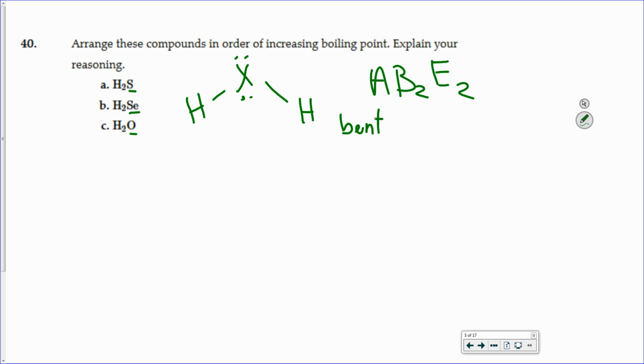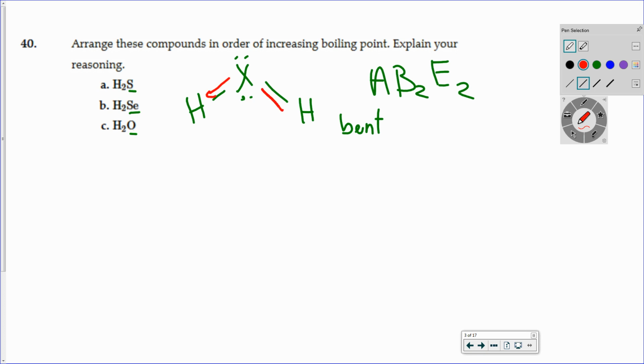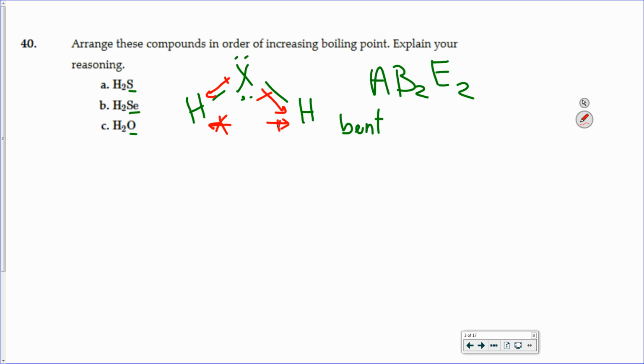Because it's bent, the dipole moments are all pulling in a way that cancels out left and right. Those two things annihilate each other. But both of them have a down component, so there's going to be a net dipole moment in the down direction. All of these have an electronegativity difference, so they're all going to be polar.